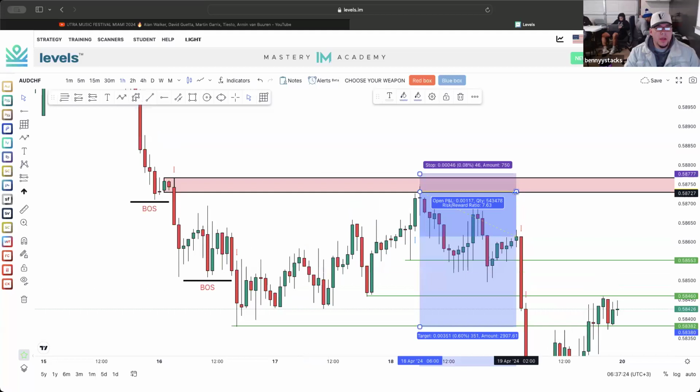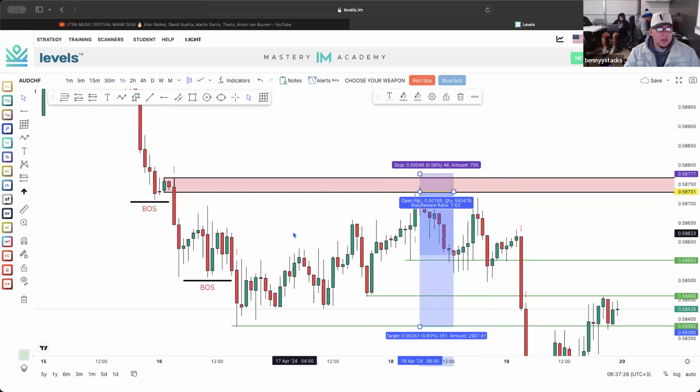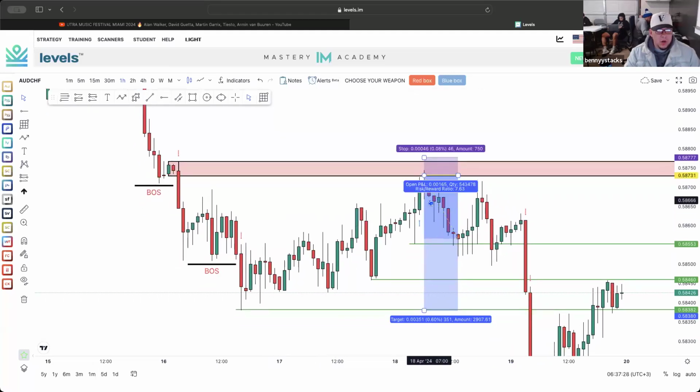Right? So this alone, guys, this setup right here alone is a 1 to 7.5, 7.6, right? If you got in at the 50%, that's a 1 to 10, 1 to 11, which is fire. Stupid fire. I'm telling you guys, start looking at some good higher time frame zones.